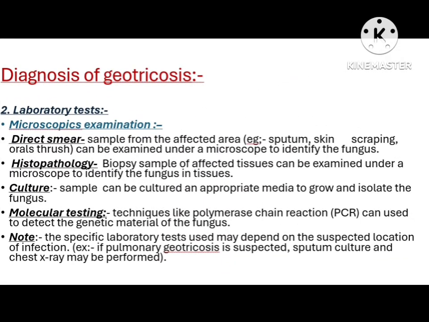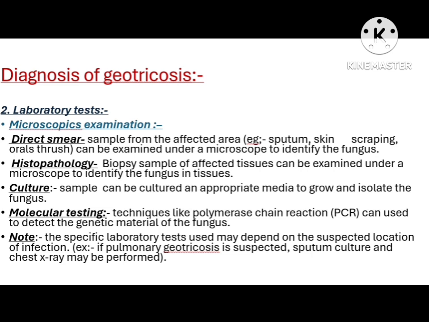Laboratory tests. A, microscopic examination. A direct smear sample from the affected area, for example sputum, skin scraping, or oral thrush, can be examined under a microscope to identify the fungus. B, histopathology. A biopsy sample of affected tissue can be examined under the microscope to identify the fungus in the tissue.